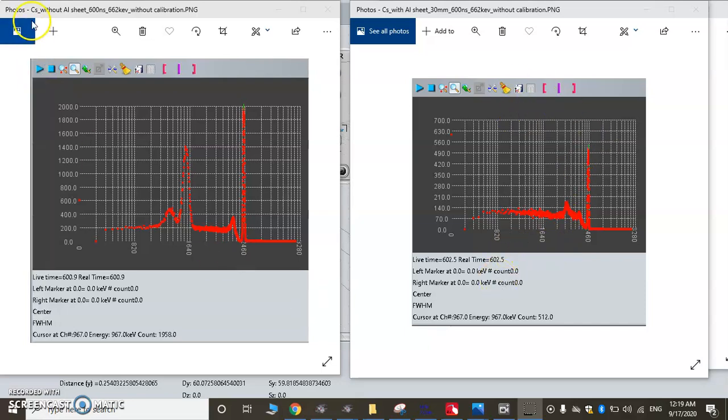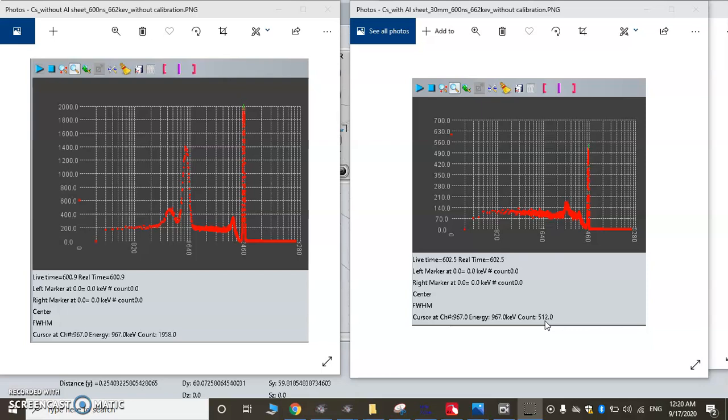And this one is the cesium source without the aluminum sheet after 600 seconds. Here the count after 600 seconds is nearly 9060, whereas the other count is 512. So we can clearly see the difference between both counts.